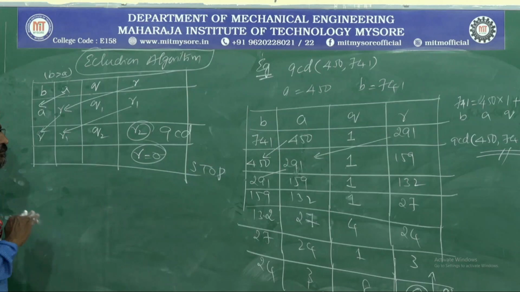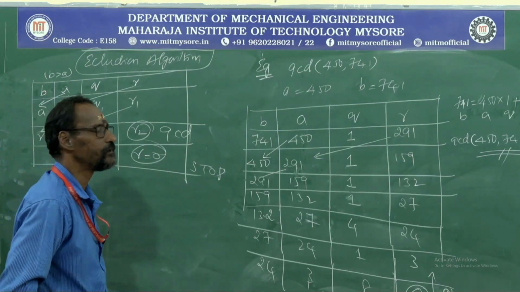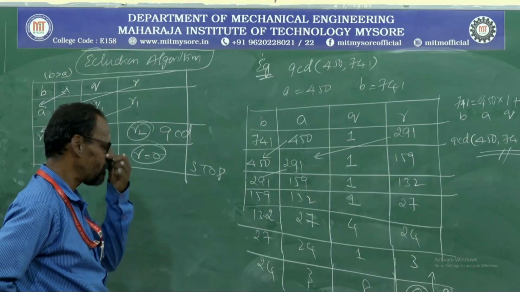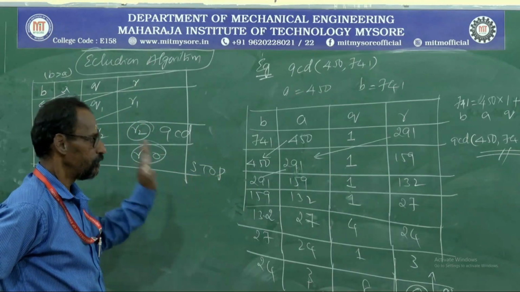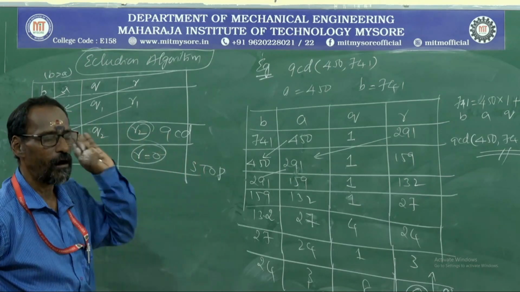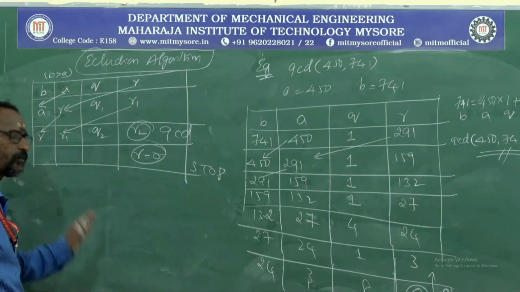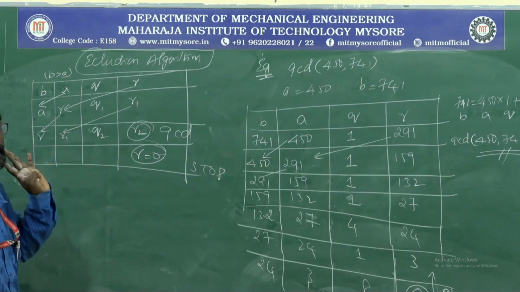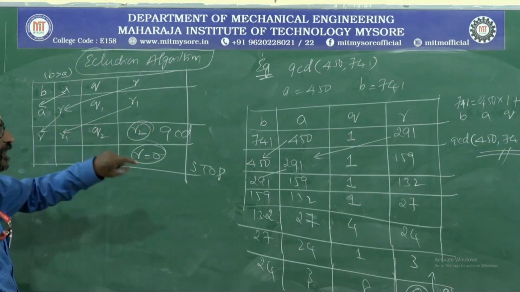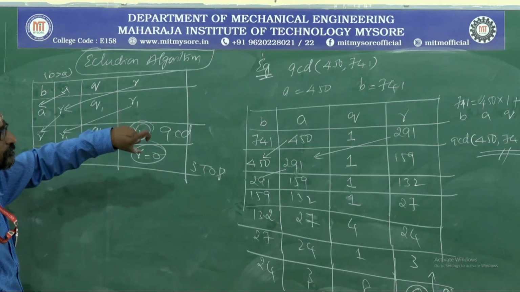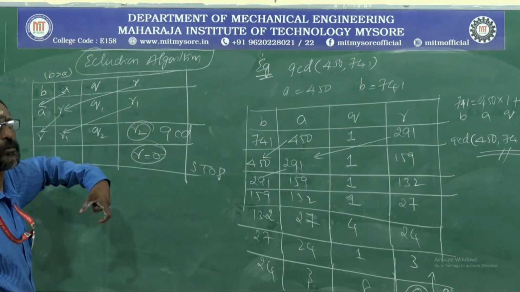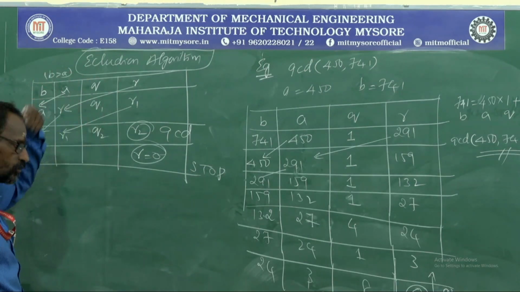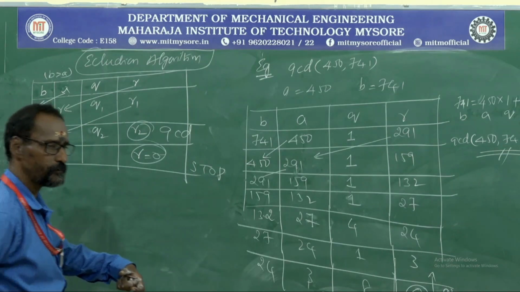We never considered the classical definition: get the divisors, get the common divisors, then the biggest one. We applied a very basic principle of representing a number using the division algorithm in the form B equals AQ plus R, replacing B and A suitably with the next iteration's components. Continue until R becomes 0.